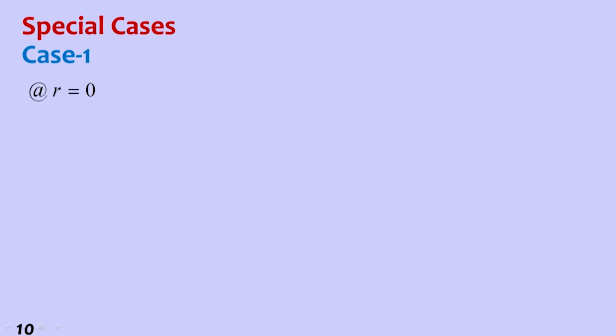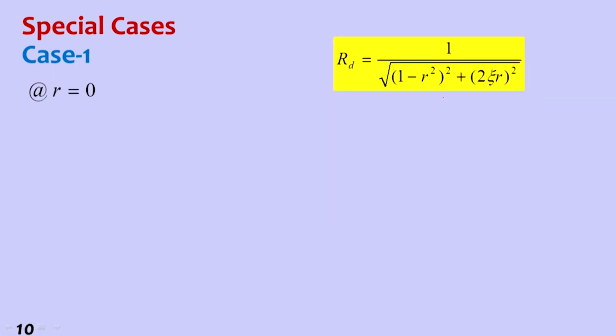So at rest condition, if you look at this Rd equation, Rd is equal to 1 by the square root of 1 minus R square whole square plus 2 zeta R whole square. Now when R is equal to 0, if you substitute in this one, all these values become 1. So Rd becomes 1 and the phase is 0.